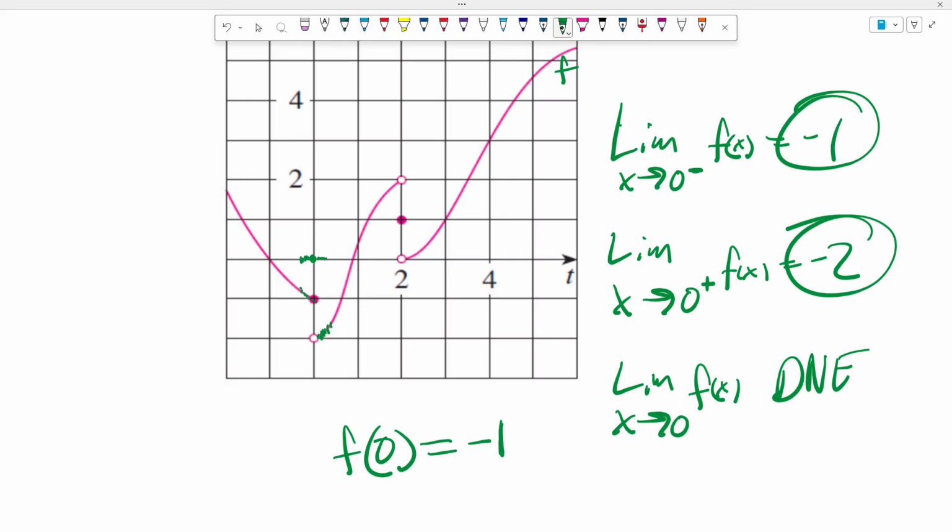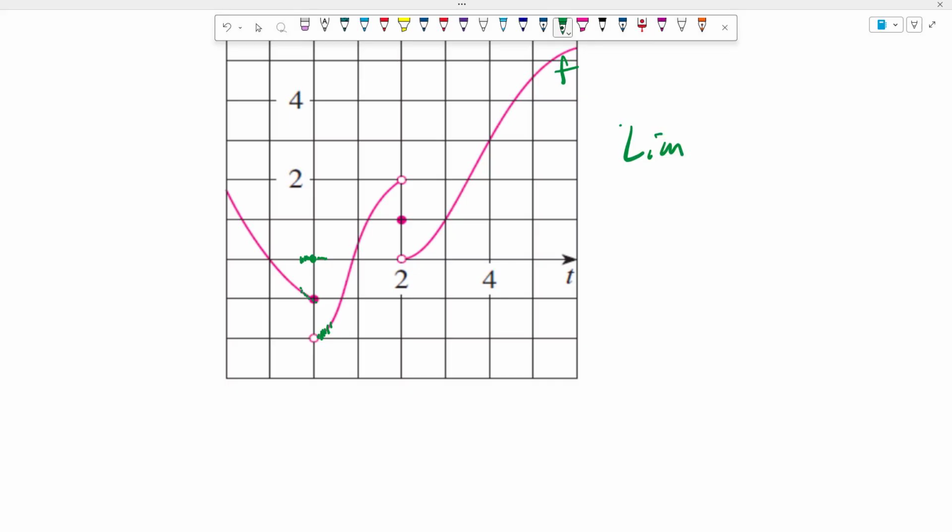Definitely. That's some sort of jump discontinuity, we call it. We'll talk later. We actually say it's continuous from the left because the limit from the left equals the function value. It's discontinuous from the right because the limit from the right does not equal the function value. But overall, it's definitely discontinuous.